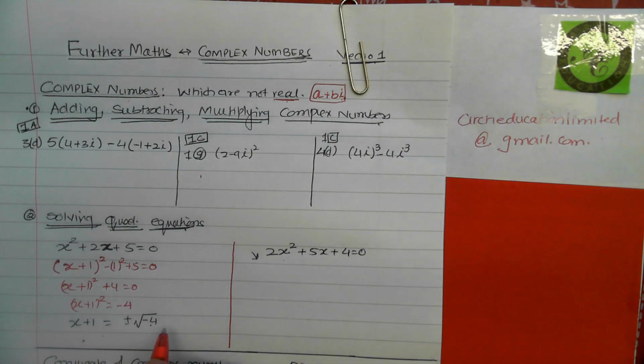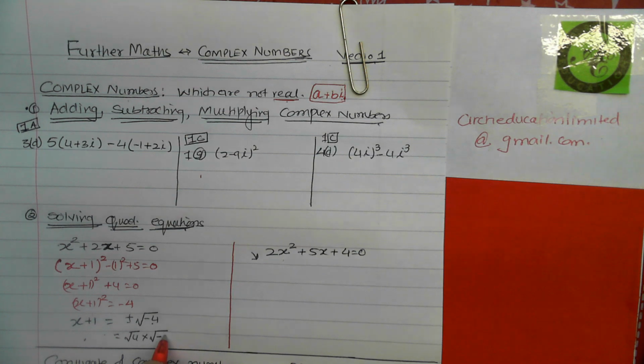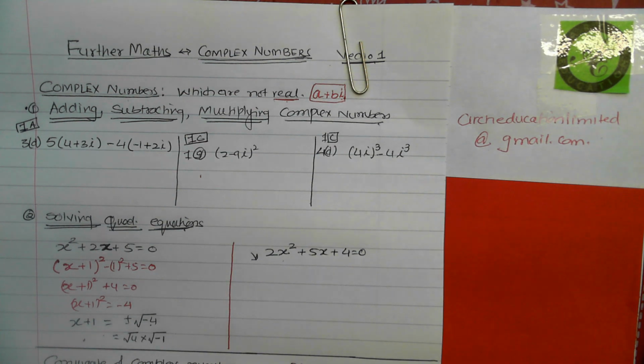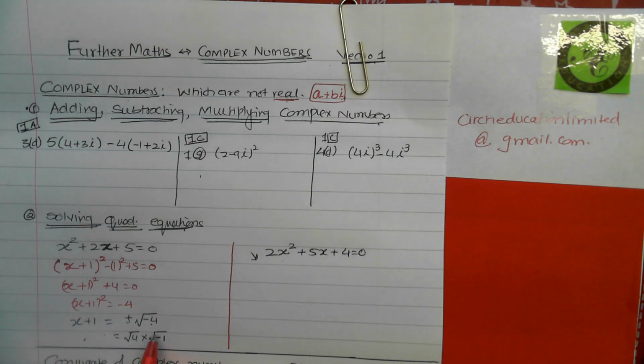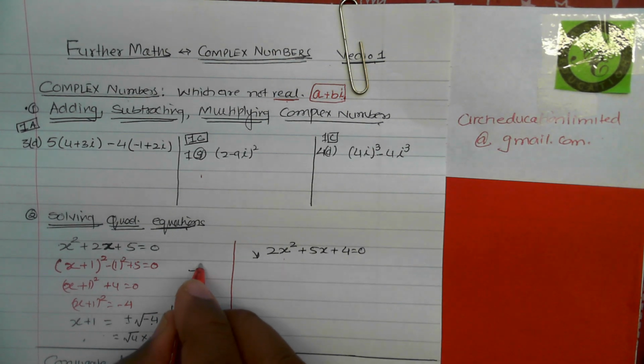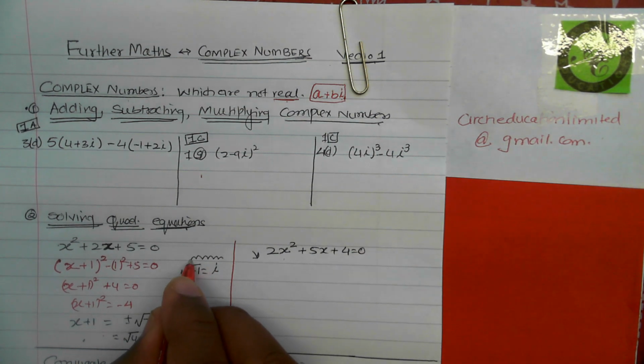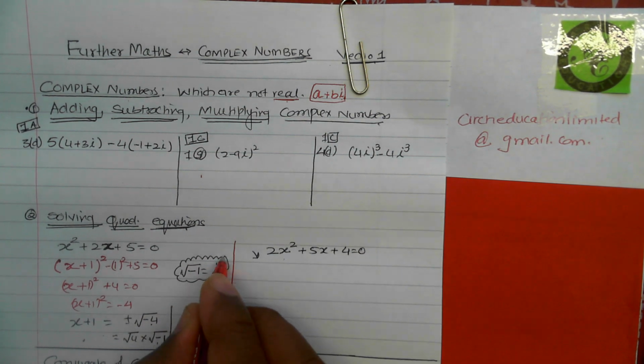So over here, I want to write this as square root of 4 times square root of negative 1. We've learned from our indices and surds in normal maths that for multiplication, the surds you can split them. So the answer here becomes, and this square root of negative 1 is the complex number which comes in, this is called iota or j.